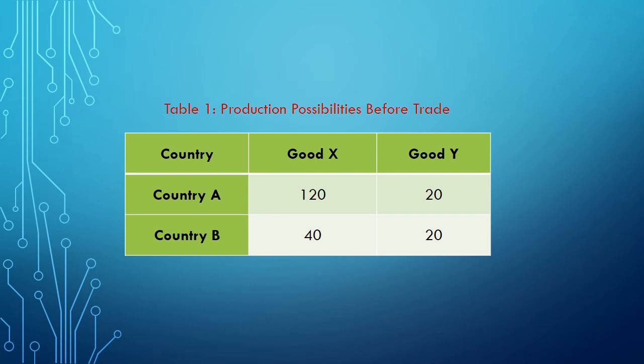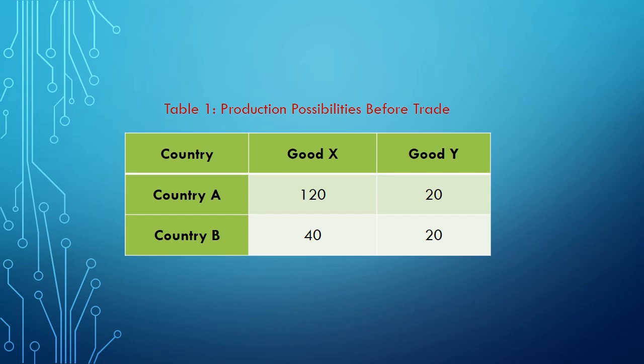Okay, so the same thing for country B. If country B wants to produce only good X, it means that it can produce 40 units of good X. Suppose that country B has only 100 units of labor in the country, it means that it will use all of the resources that it has, all of the 100 units of labor.